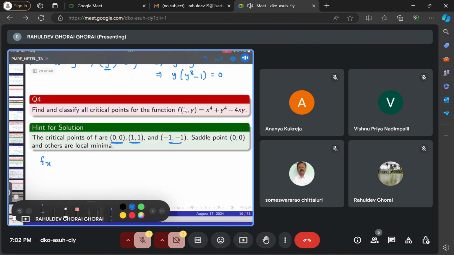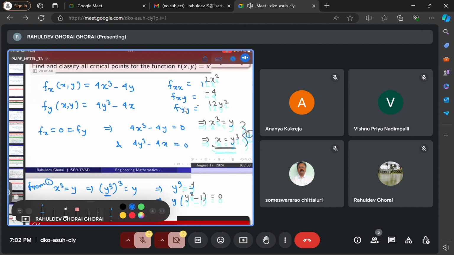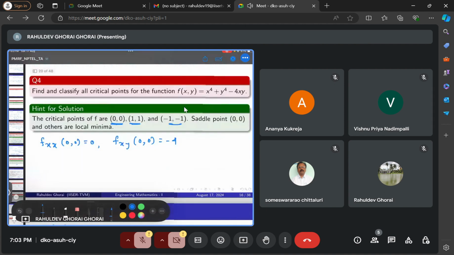So then fxx at (0, 0) will be 0, right? fxy at (0, 0) is always constant, that is minus 4, right? And fyy at (0, 0) is nothing but 12 times y square, that is 0.